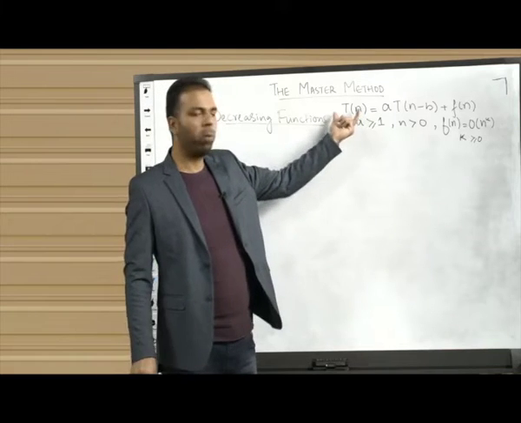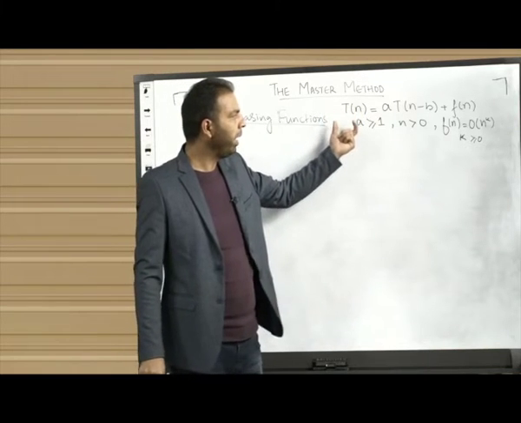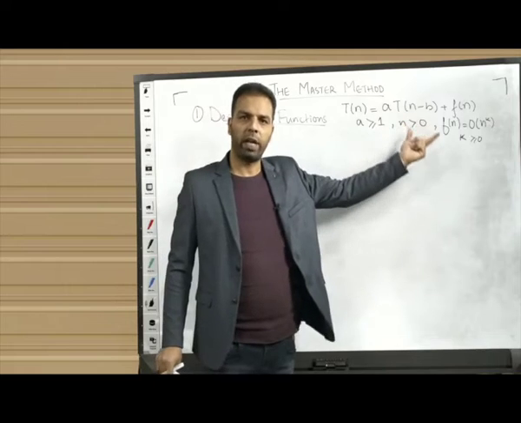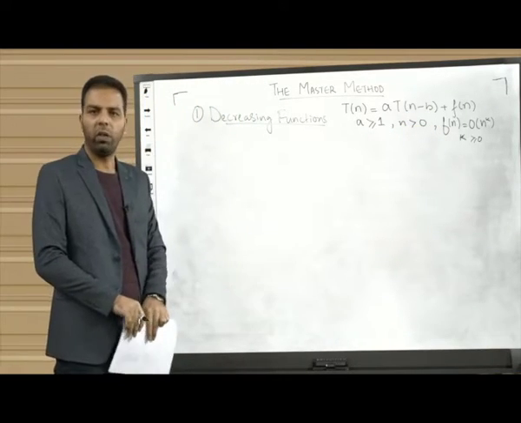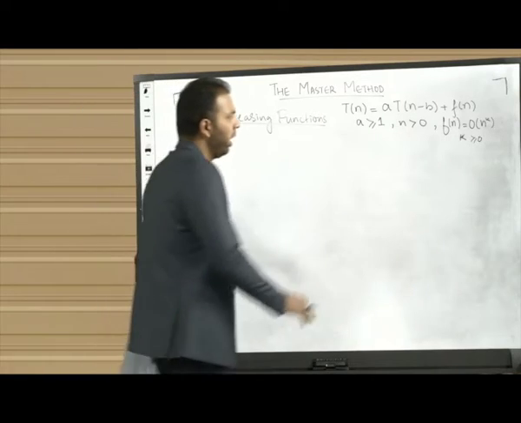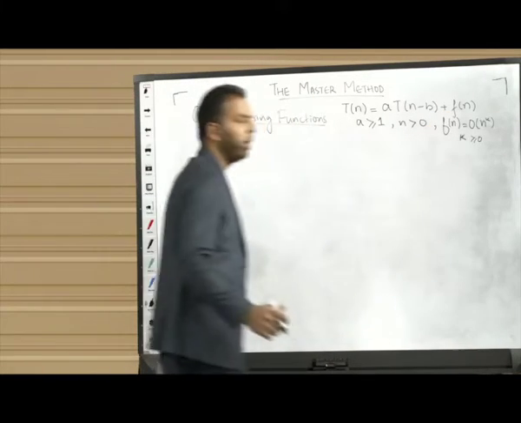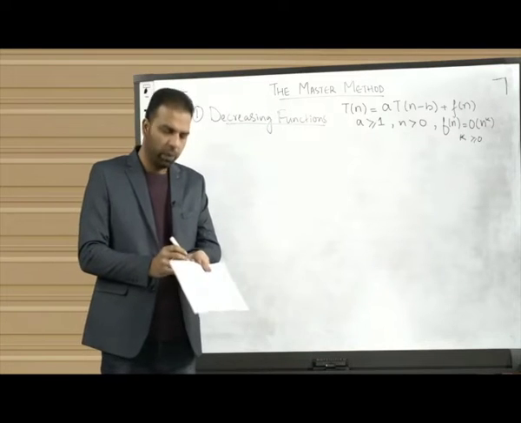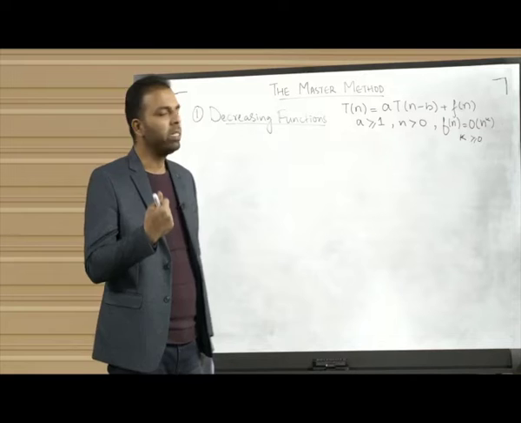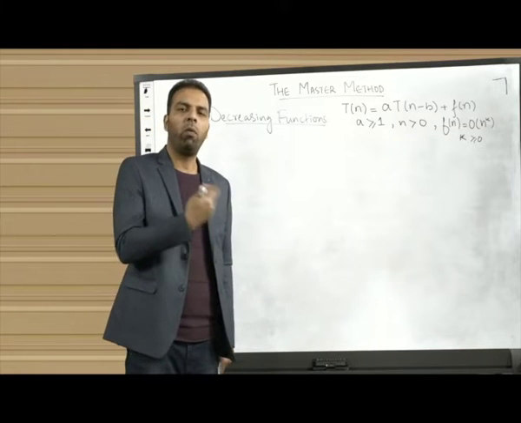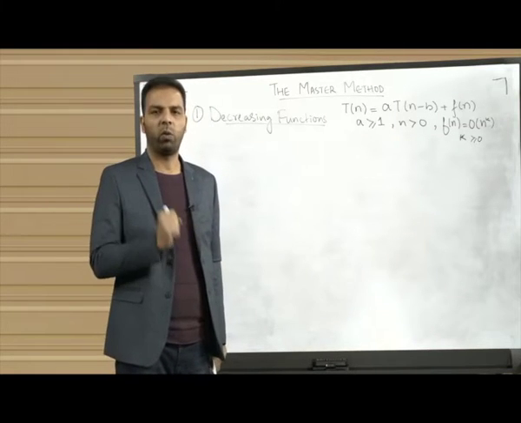They take your problem of size n and they break it into a smaller subproblem of size n minus b, and then they go on recursively solving it. Here we assume that your f(n) is asymptotically positive. What do we mean by asymptotically positive? It means that your f(n) will always be positive for sufficiently large values of n.